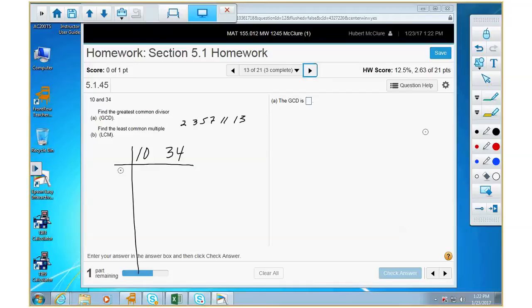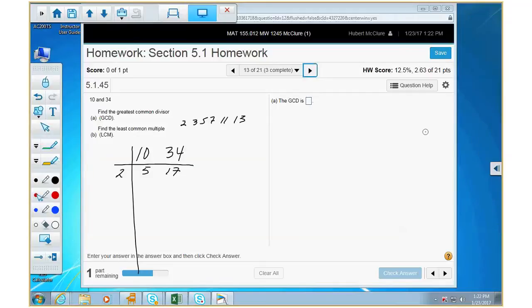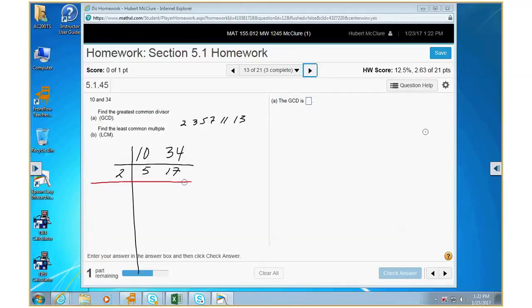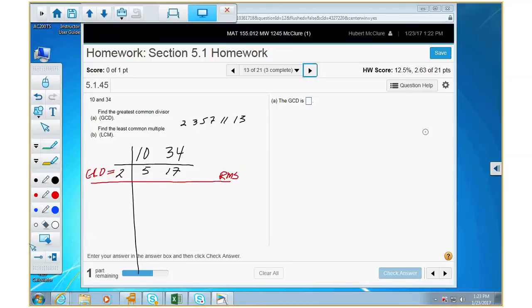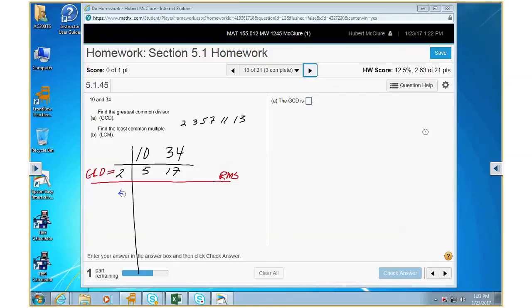So, 2, you get 5 and 17. At this point, what do you find out? The real math stops, therefore this is your greatest common what? Divisor, denominator, whatever you want to call it. It's divisor. And then 5, 1, and 17 is prime, isn't it?